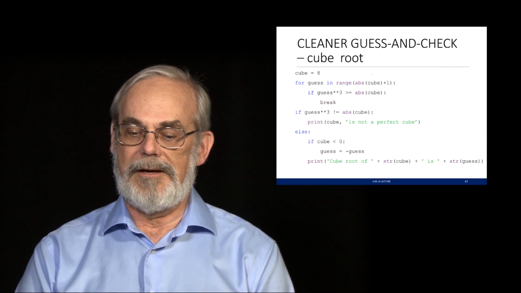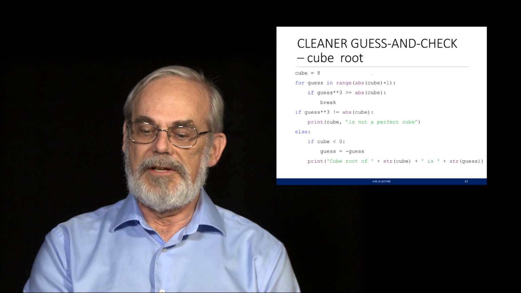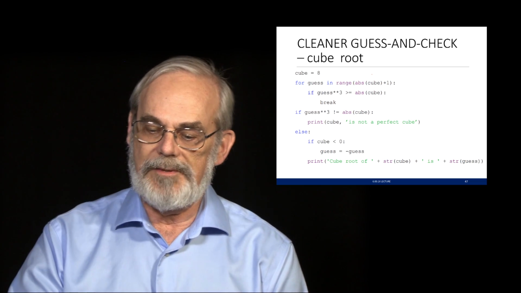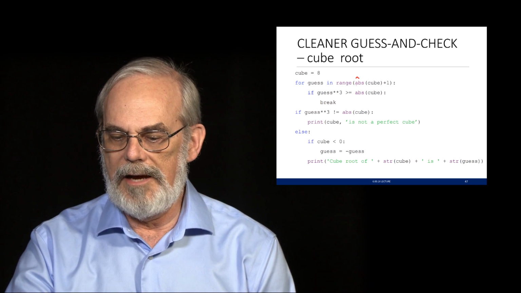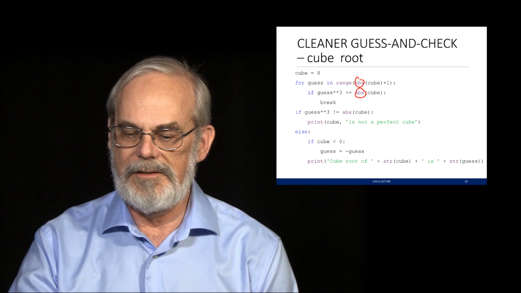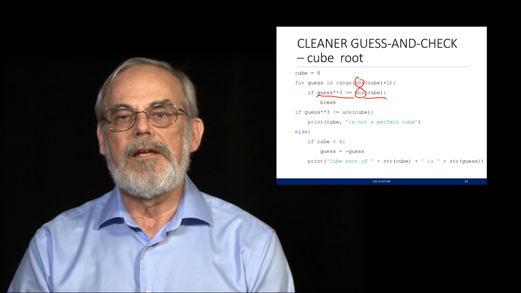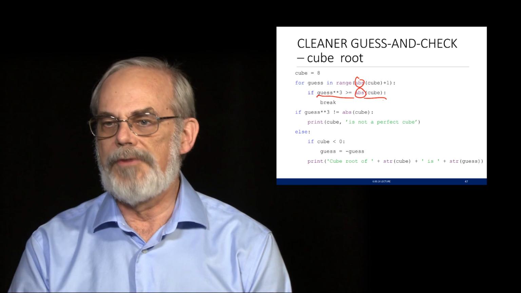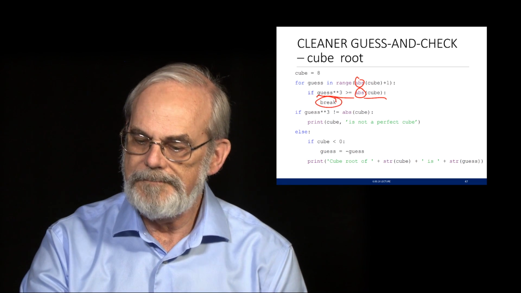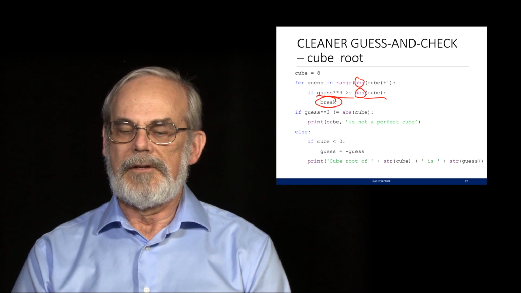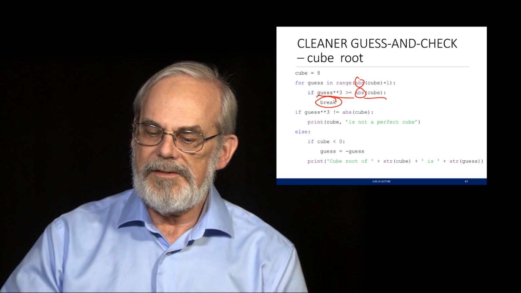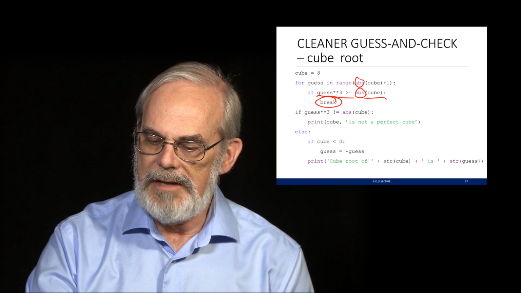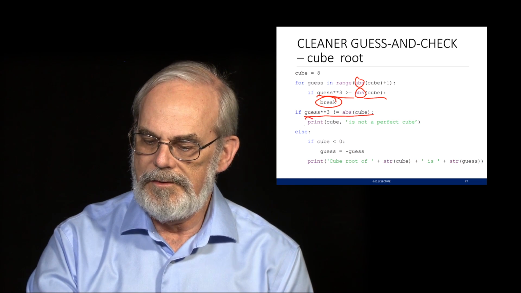So I ought to clean that up, and I can, by simply saying, do the same thing. I've actually cleaned it up to add in abs here so that I'm going to deal with the negative cases, but do the check here, and if I get to a place where I've gone too far, simply break out of it, okay? Otherwise, run through the loop, but now, when I do the check, do the print.